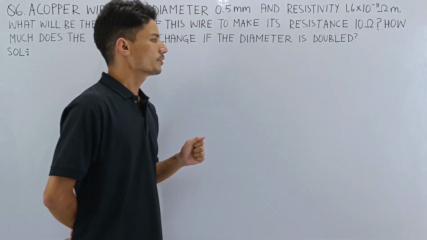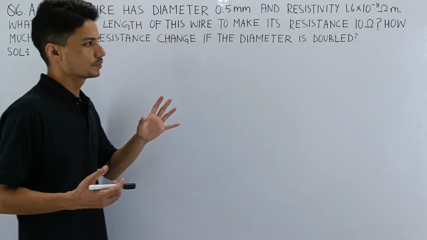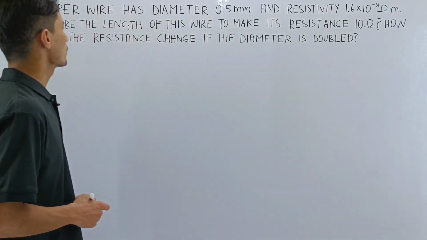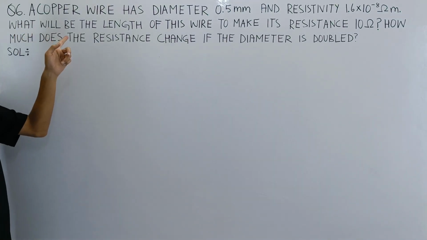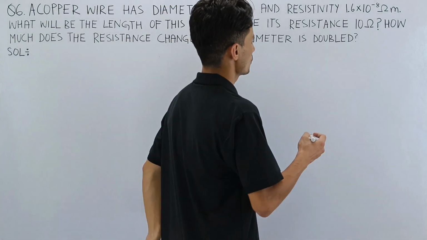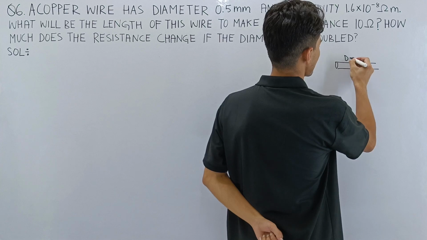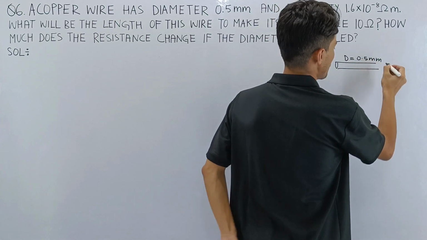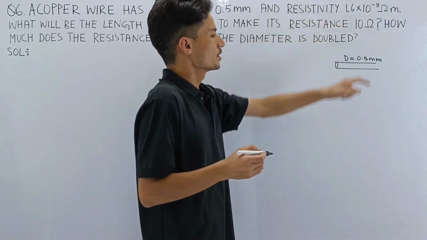Now, after reading the question, whatever we get to extract, we'll discuss here first. On reading the question, we get to know that there's a copper wire who has a diameter 0.5 mm. The diameter of this copper wire is given to you. It's 0.5 millimeters. And resistivity is given to you.